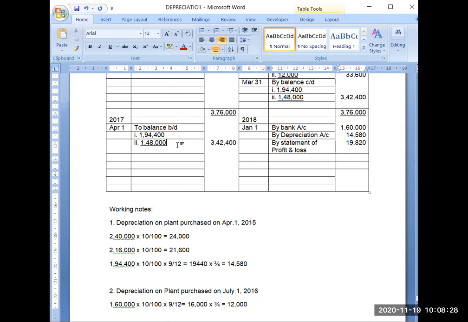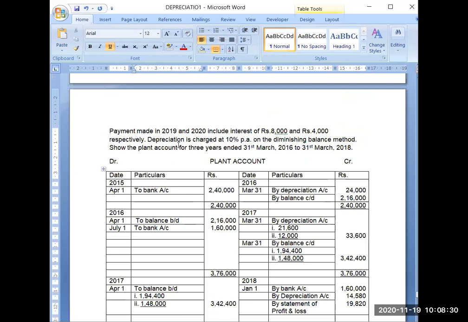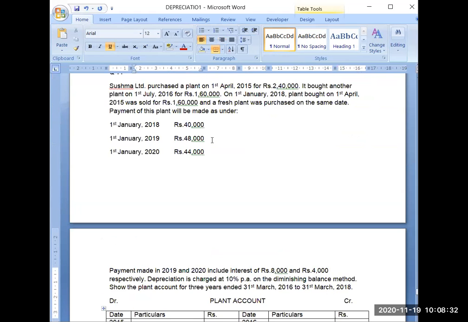Now we have this one plant and we have purchased one more plant. So now if I subtract interest element from here, that means it will be 40,000. I am paying as principal amount. So 40,000 plus 40,000 plus 40,000.